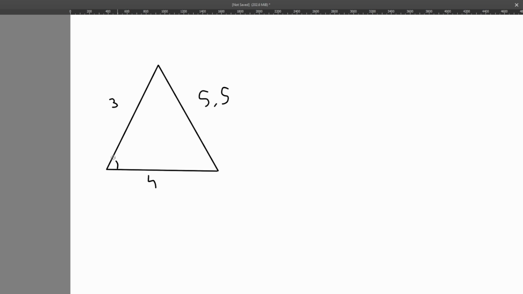Let's say this angle right here is alpha. We know that 5.5 squared is equal to 3 squared plus 4 squared minus 2 times 3 times 4 cosine of alpha.